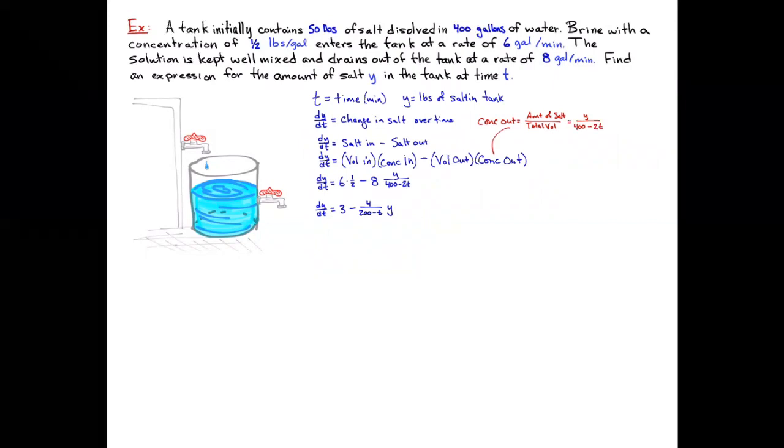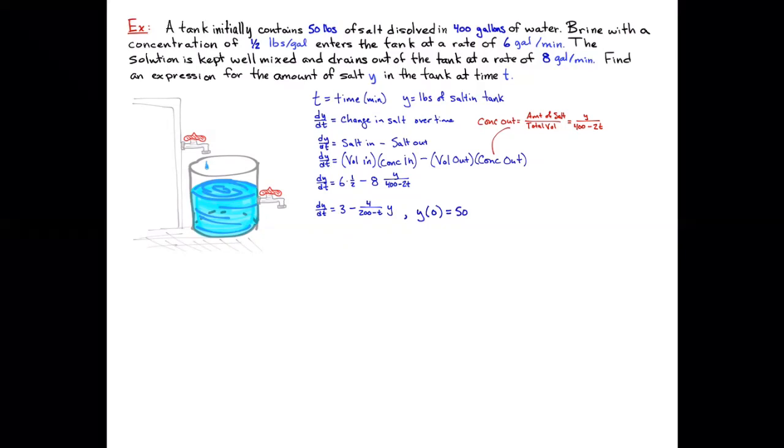I'm going to find a whole bunch of solutions because I'm just going to find the general solution. So the other thing I need is an initial value. And so I need to figure out at what time I know some of the salt in there. That is at time 0. At time 0, there is 50 pounds of salt.